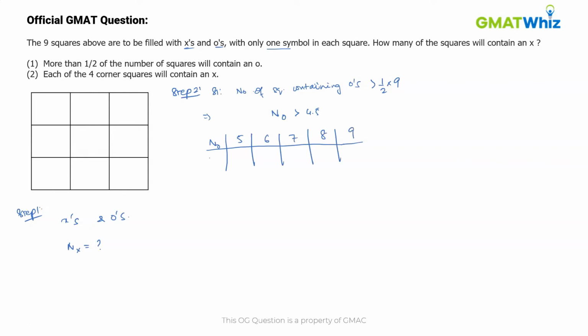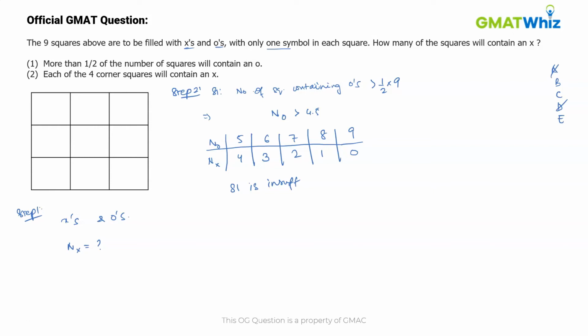And in each case the number of squares containing x will be equal to 4, 3, 2, 1 and 0. Since we get multiple answers using this statement, we conclude that statement 1 is insufficient. And out of the given options, we can eliminate options A and D.